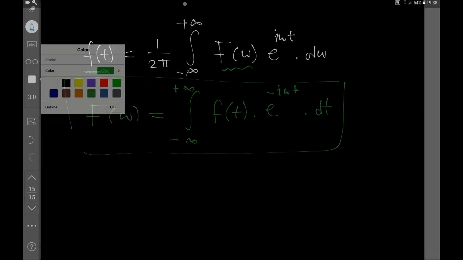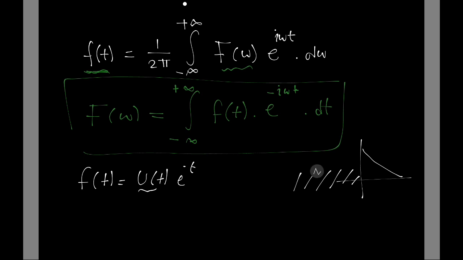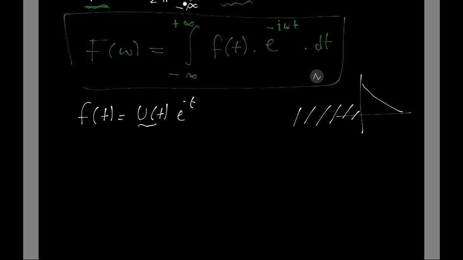Let's say the function f of t is equal to a unit step function times e to the minus t. Now this function may look like this, because the unit step function cancels out all the negative values. So basically we will change the interval of integration and make it from 0 to plus infinity, and plug in this value into f of t.